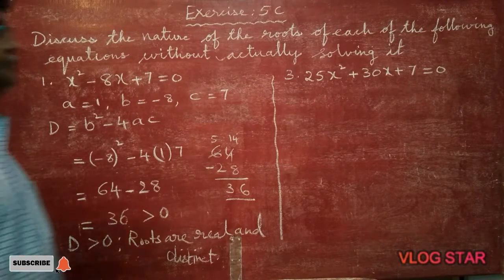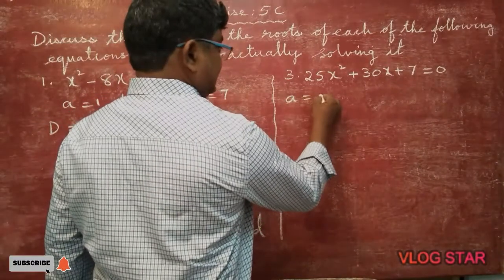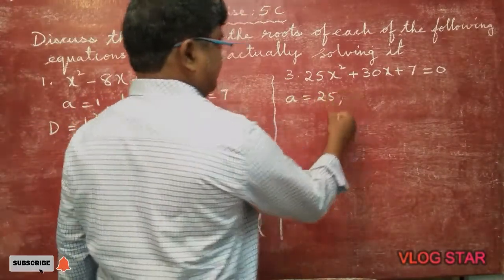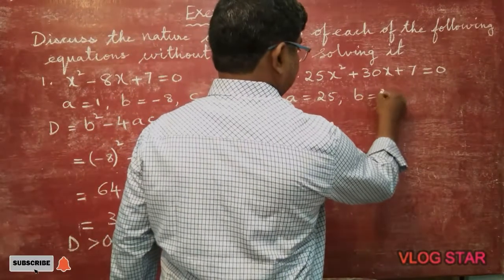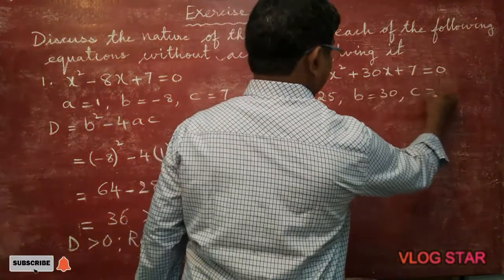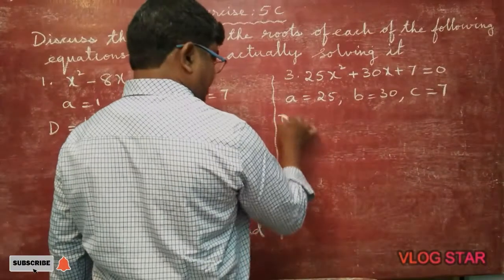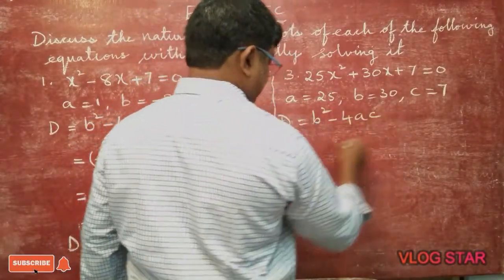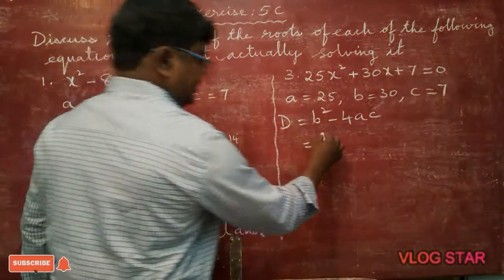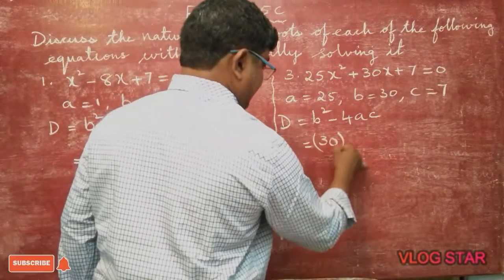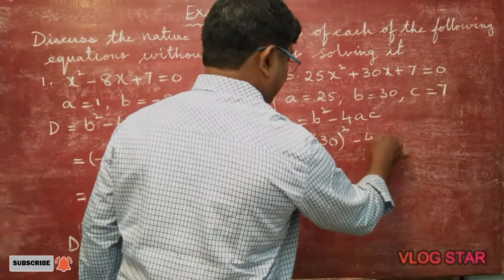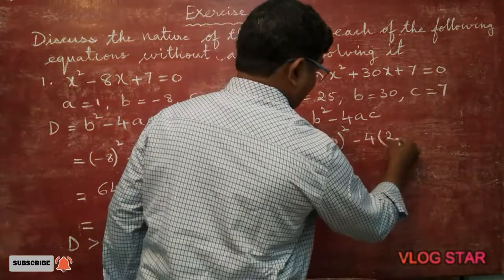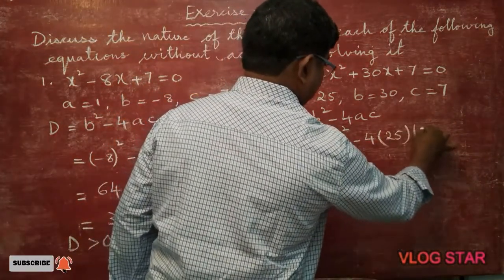Coming to the third one. A how much? Here a is equal to 25, b is equal to 30, c is equal to 7. D formula: b square minus 4ac. B means 30. 30 whole square minus 4 into 25 into 7.